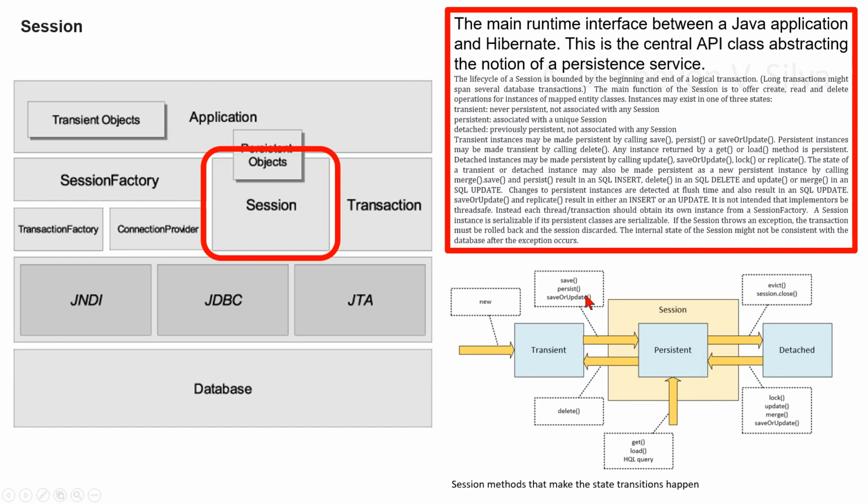Persist. The persist method is intended to add a new entity instance to the persistent context. That is, transitioning an instance from transient to persistent state. Save. The save method is an original Hibernate method that doesn't conform to the JPA specification.